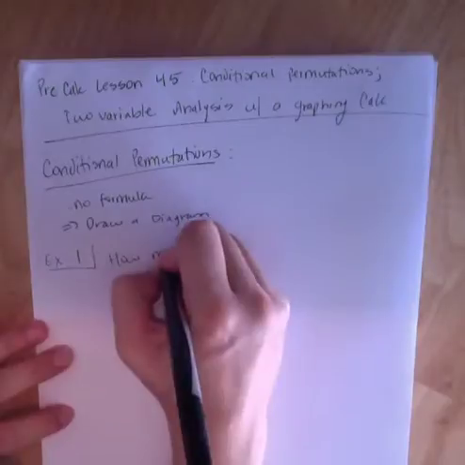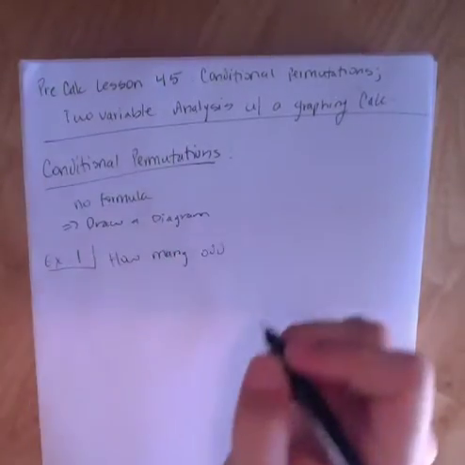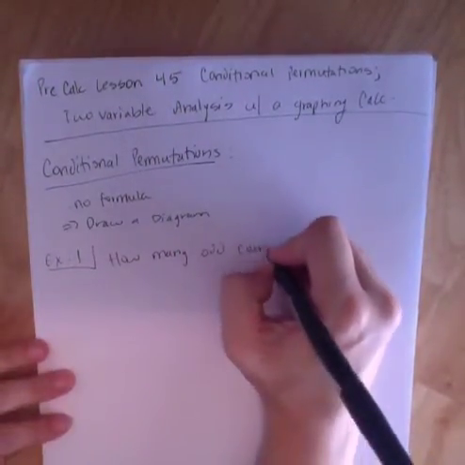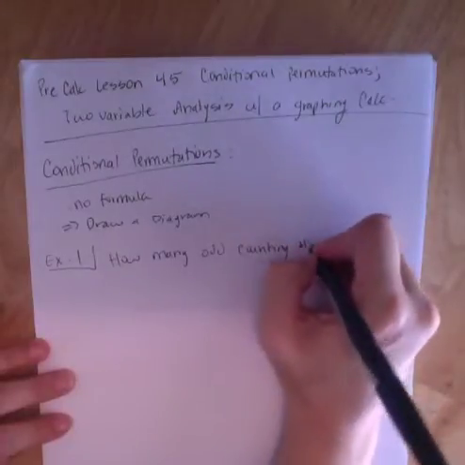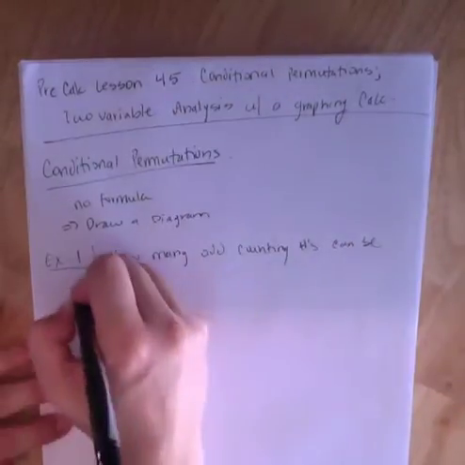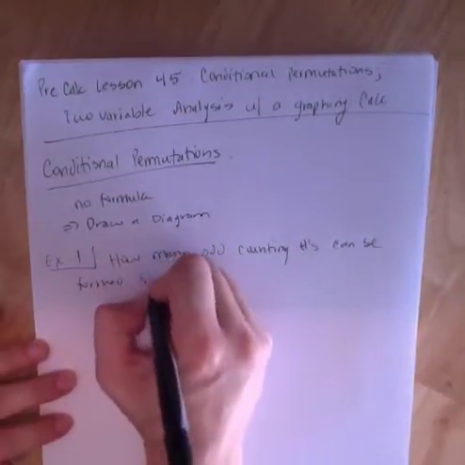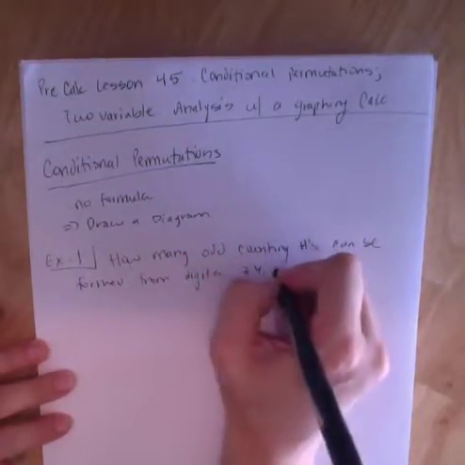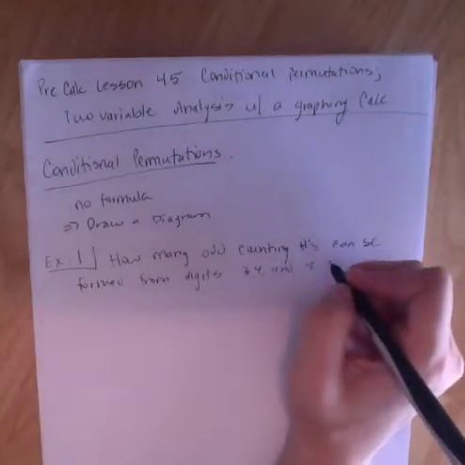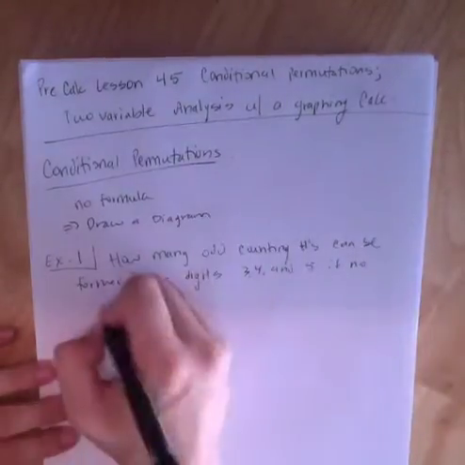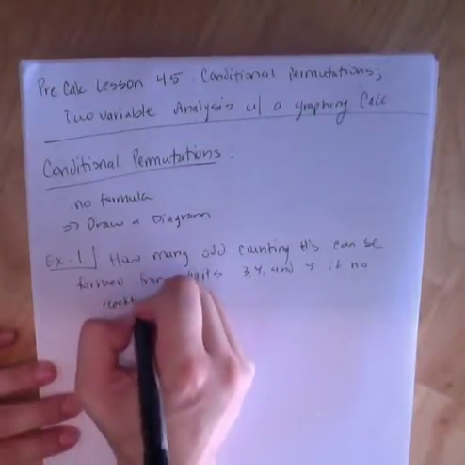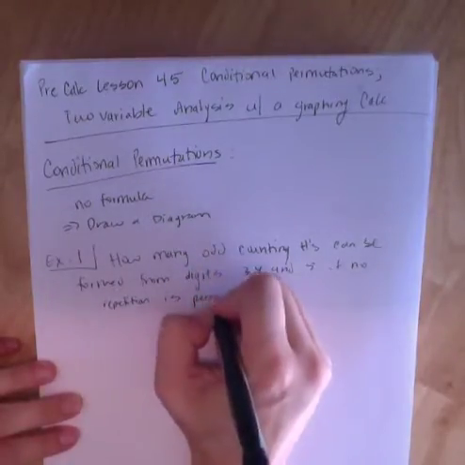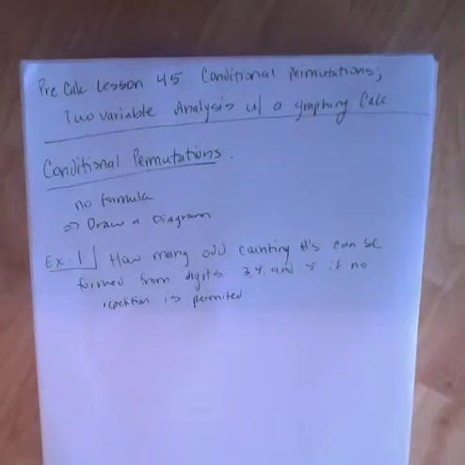Example 1, how many odd counting numbers can be formed from the digits 3, 4, and 5 if no repetition is permitted. Okay, so there's quite a few things that we have to look at in this.